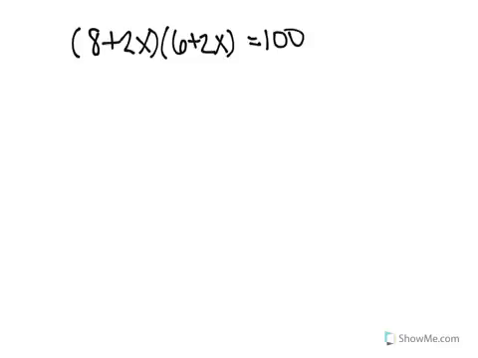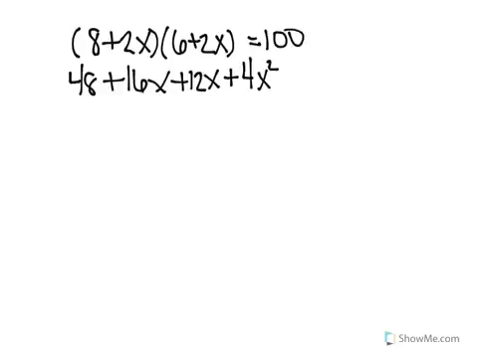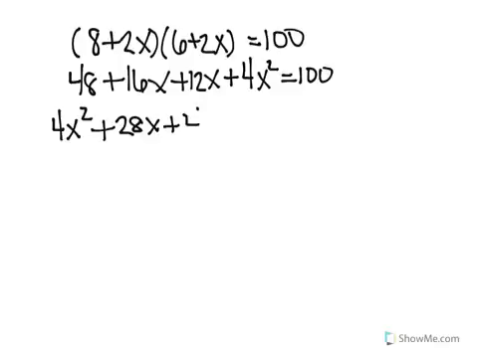When I double distribute, I will end up with 48 plus 16x plus 12x plus 4x squared is equal to 100. If I move things around with my x squared first, 4x squared, and combine like terms, I'll have 4x squared plus 28x plus 48 equals 100.